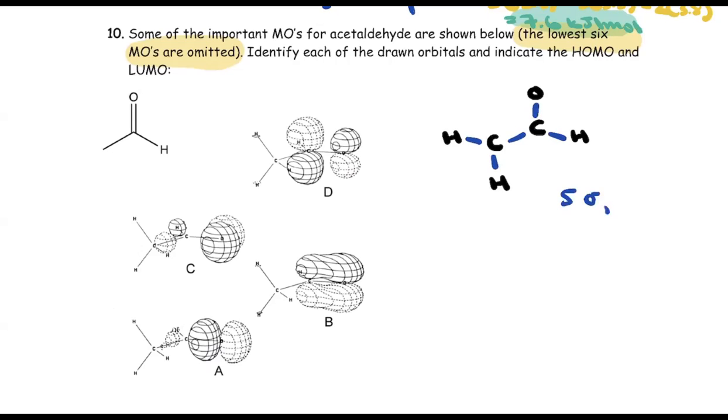So if I have 5 sigma bonds, I'm also going to have 5 sigma stars. You dropped a hydrogen on your methyl group. I did, yep. Thank you. So it's 6.